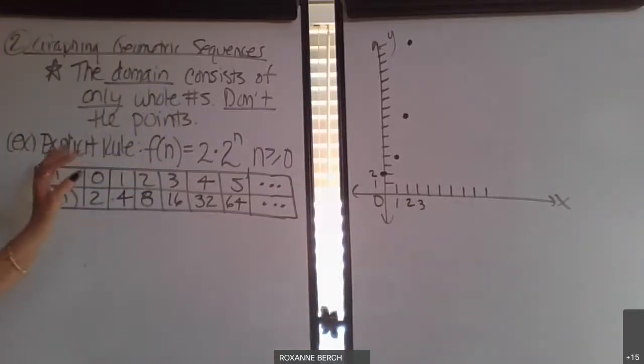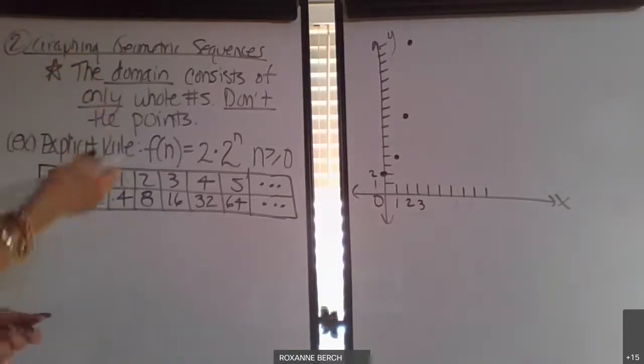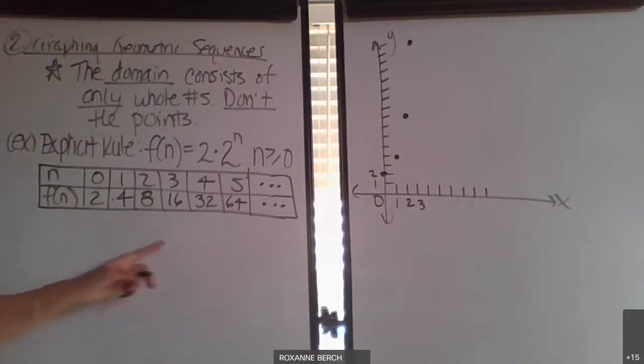Okay, let's do a recursive rule, because unless you have your calculator programmed, we have to do a recursive rule by hand. Can I erase this? You guys okay with the calculator? I don't really understand how to put it into the calculator, like to get the values.